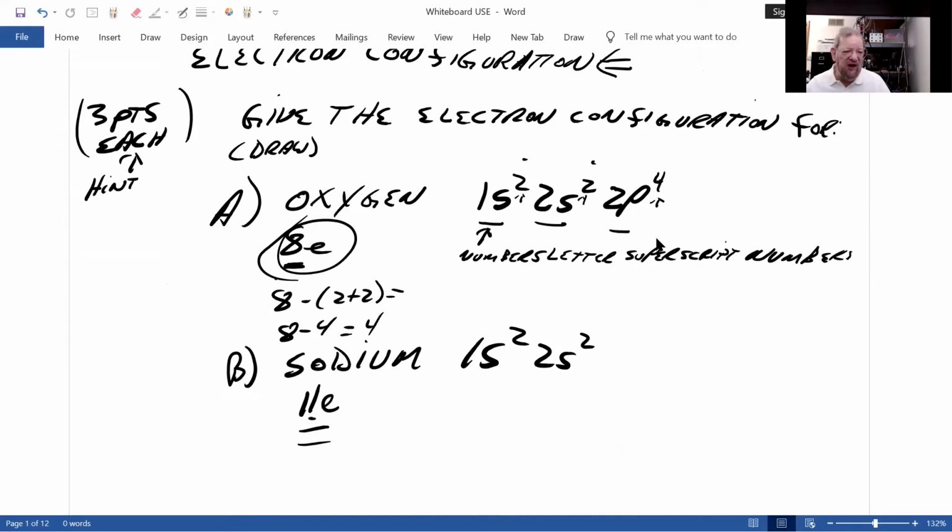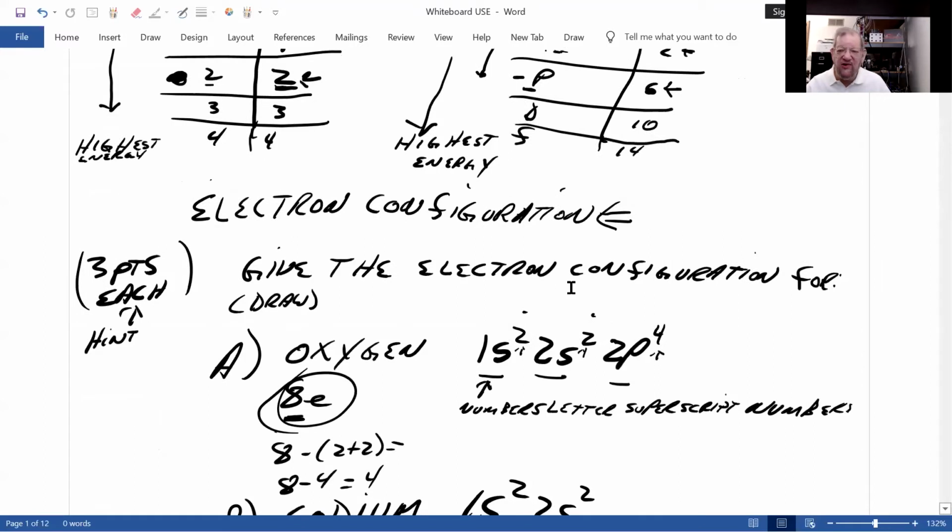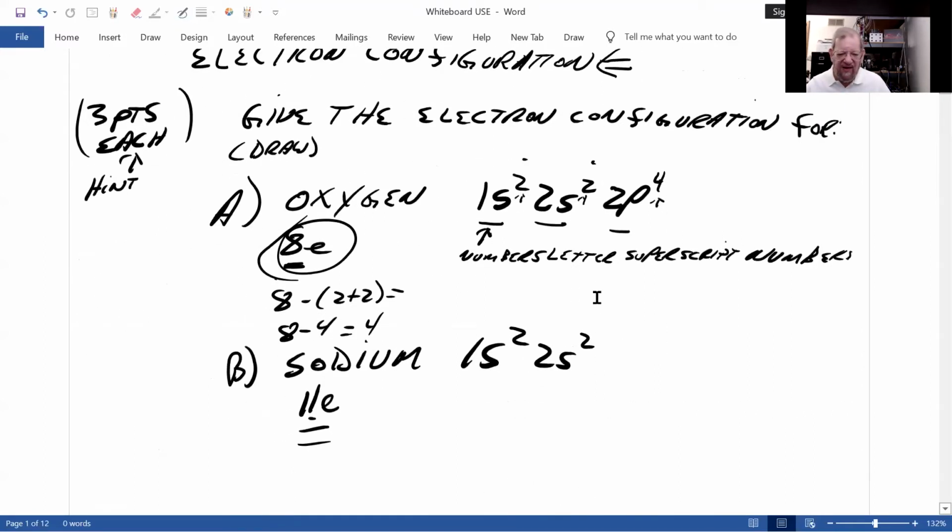So how many subshells does shell 2 have? Well, it has 2. What's the first one? Well, we did that, 2s. The second one, remember you always fill the lowest first, would be 2p, which you can put 6 electrons in. And here I have 2p.